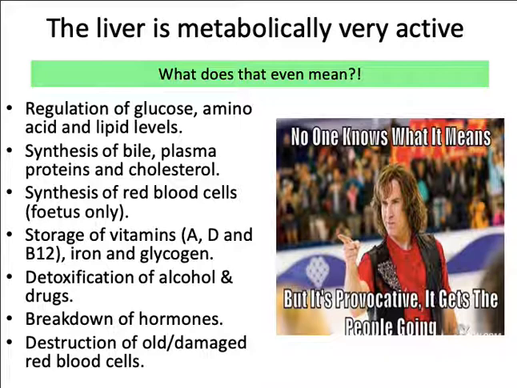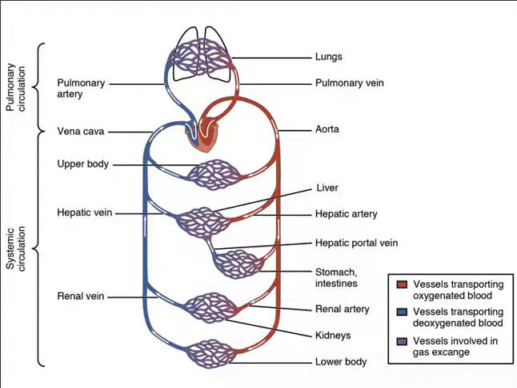Scientists have found that the liver has 500 known functions. Let's take a look at how the liver is supplied with nutrients and oxygen.